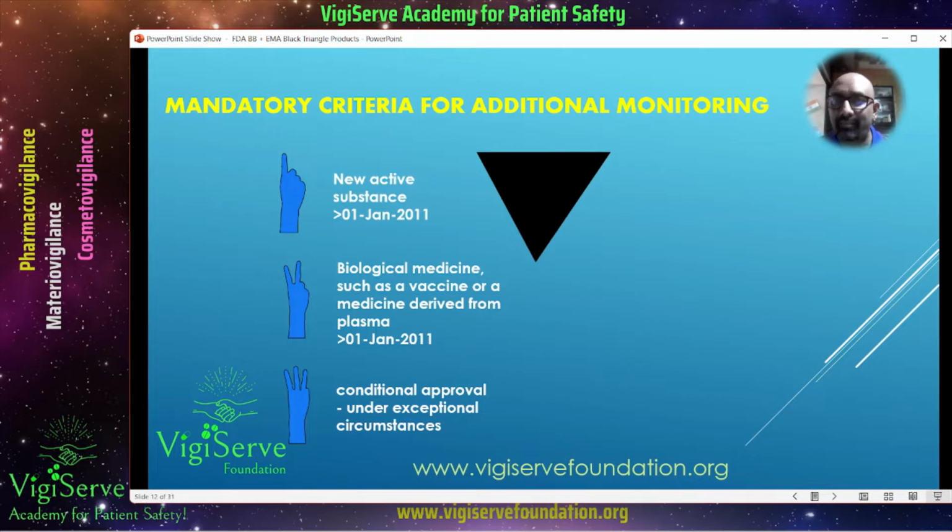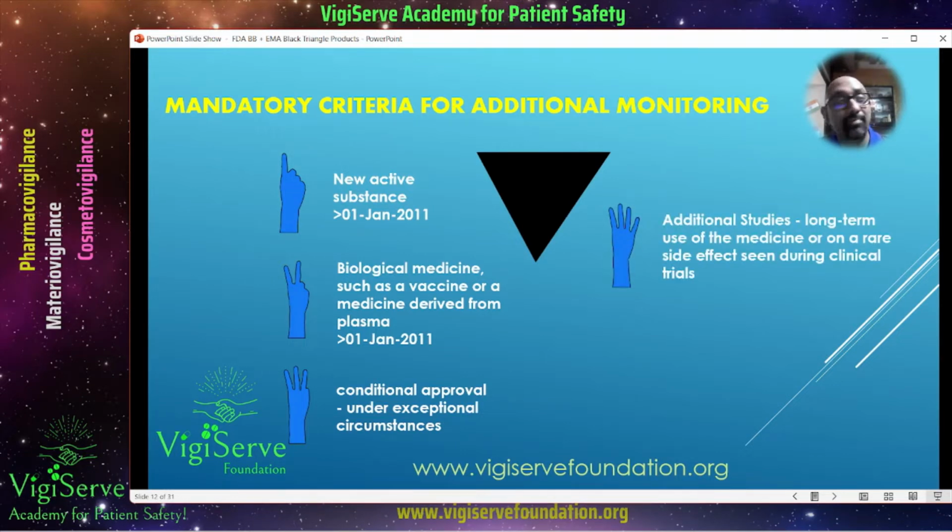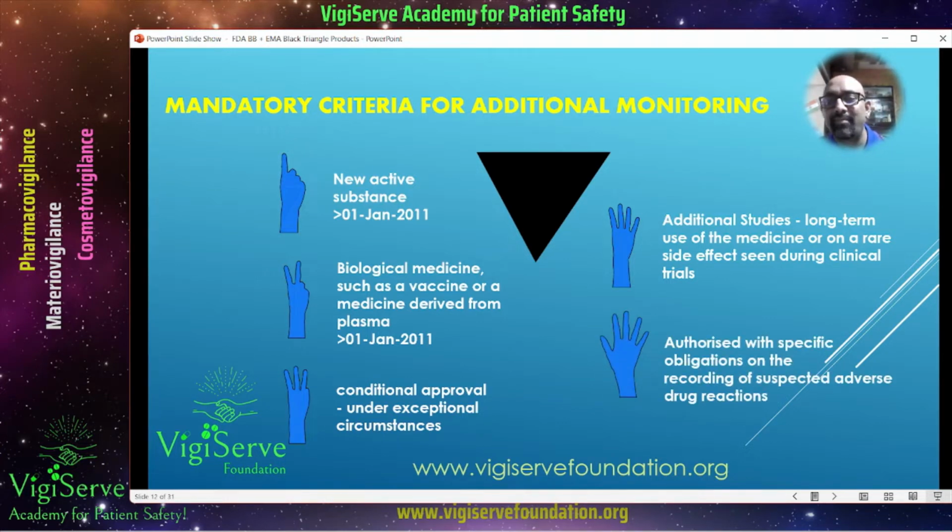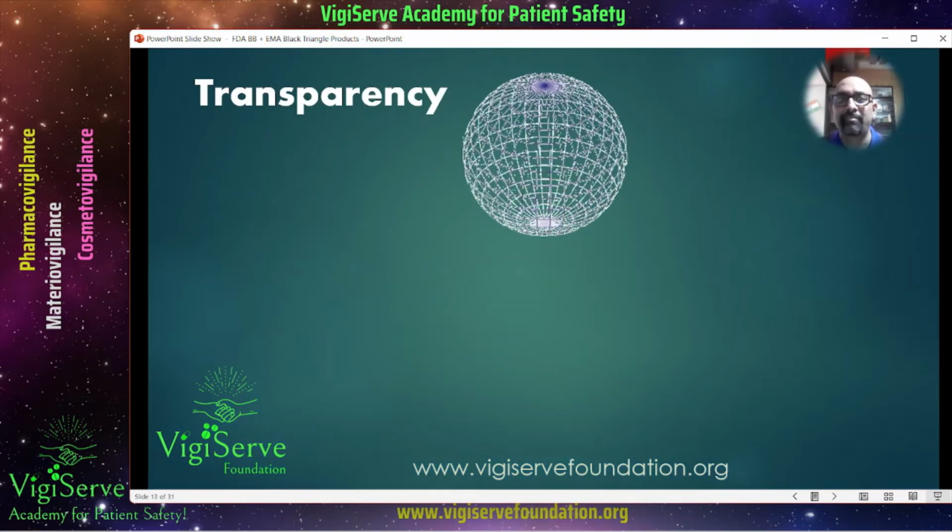Then also some medicines that require additional studies because you want to understand the long-term benefit, or you come across a rare adverse event during the clinical trial. Even in those cases, you want additional monitoring. Then finally, when a medicine has been approved with specific obligations on the recording of suspected adverse drug reactions. In all such situations, you need to undertake additional monitoring.